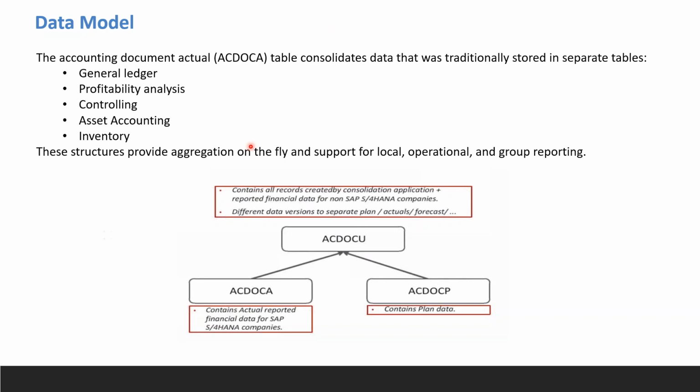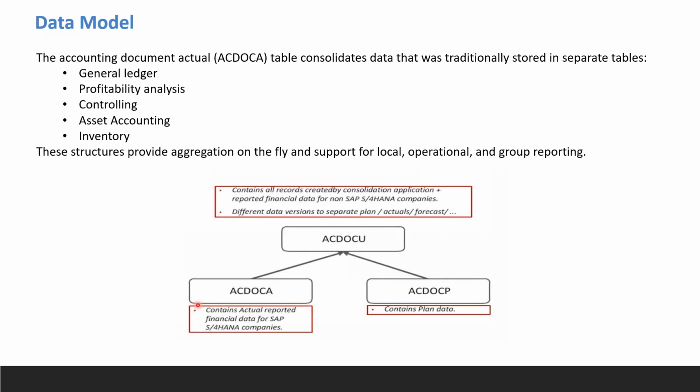Everything will come to this Q table. If it is plan data, it will come through SAC to the P table. From P2, we release to the U table. If it is actual data, we transfer the financial data from A to the Q table. If it is a non-SAP entity, we load directly into this particular table.